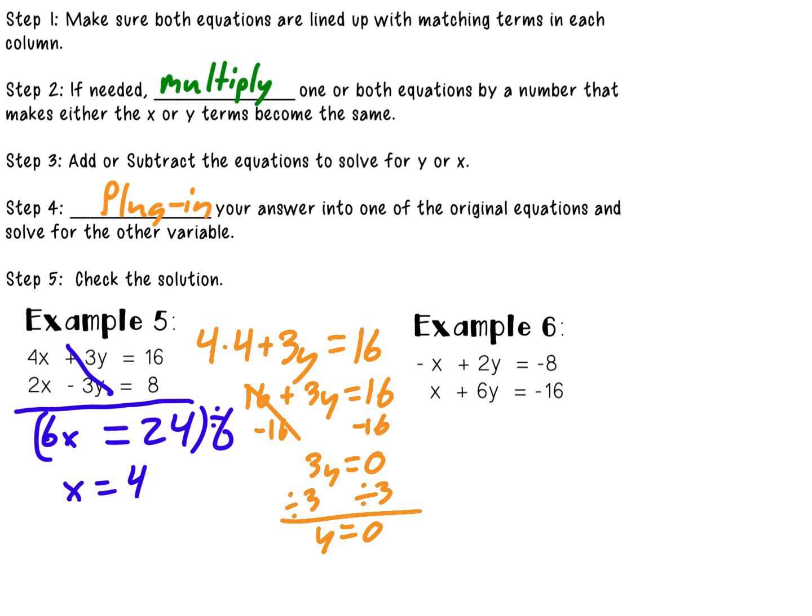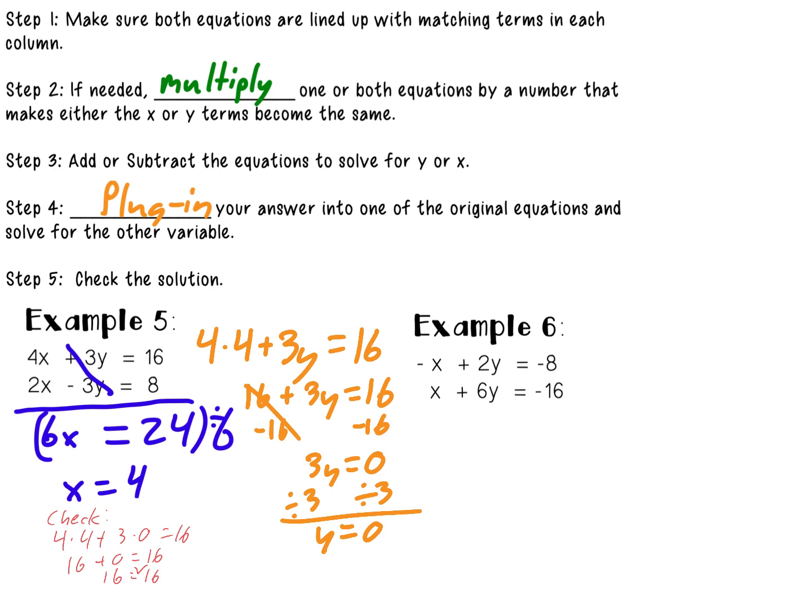Don't forget that you need to check your solution. So to do the check, we're going to take each of our equations and we're going to plug in our x and y values. So 4 times 4 plus 3 times 0 equals 16. 4 times 4 is 16 plus 0, that is 16.